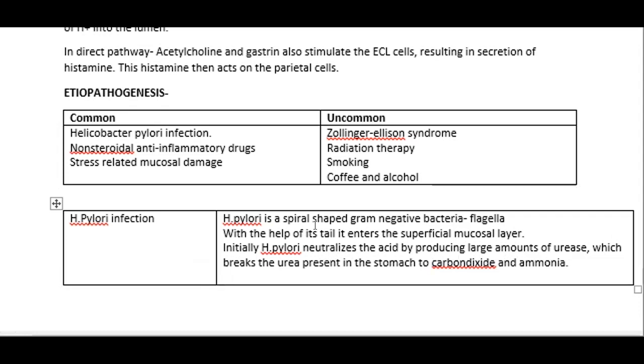Then this H. pylori infection, which can also be called HP infection, causes atrophy of the oxyntic glands, and then gastric acid secretion declines.